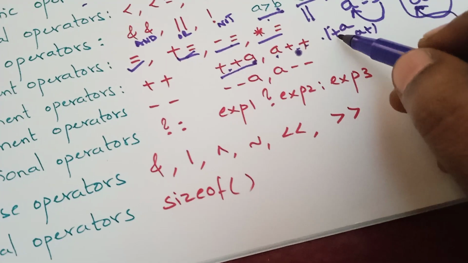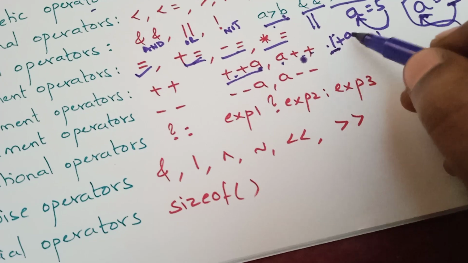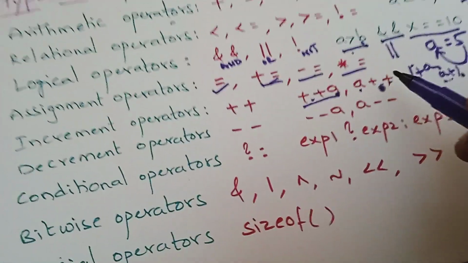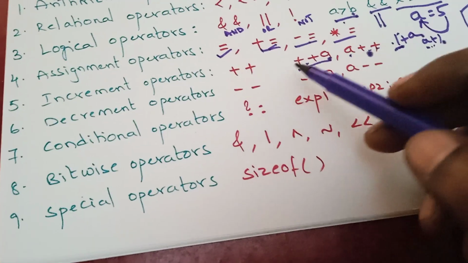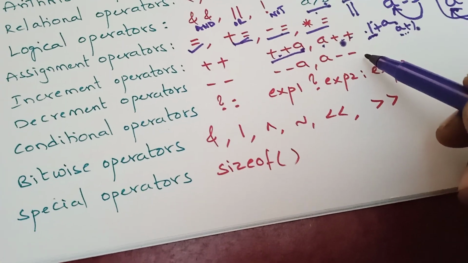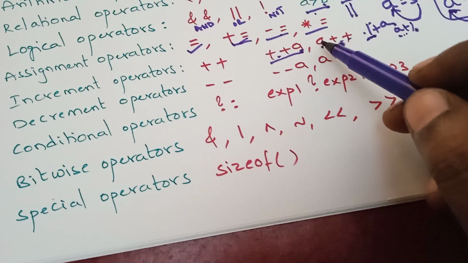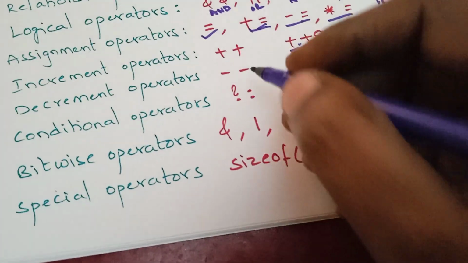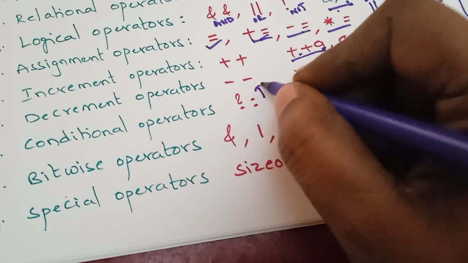Did you understand this? 1 will be added to the value, or the value will be added to 1. And decrement operators, we do have two categories, pre-decrement and post-decrement, the same as increment.